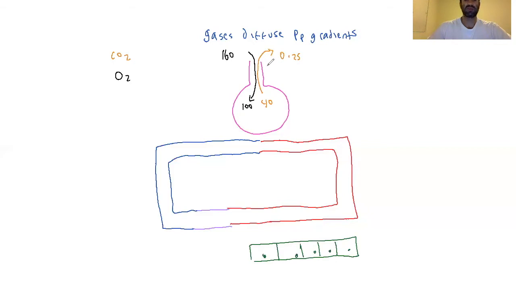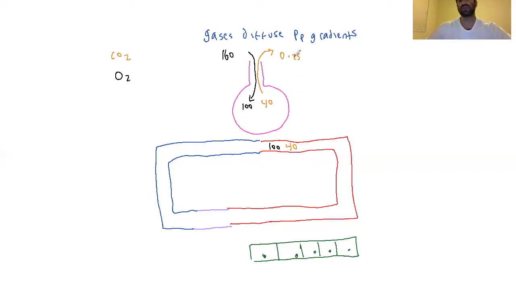But of course, it's a bit more complicated than that, because the arterial blood is going to have the equivalent of 100 millimeters of mercury of oxygen, and it's going to have 40 millimeters of mercury of carbon dioxide.